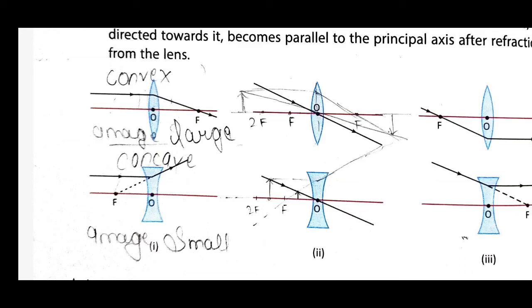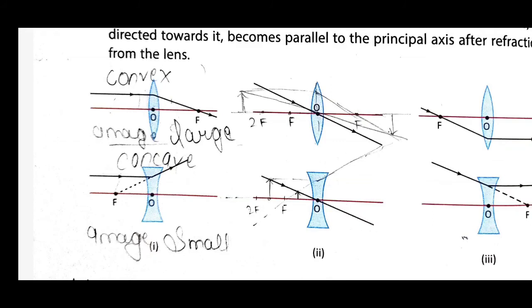So, dear student, if you have to draw images with the help of a concave or convex lens, then at first you draw a ray coming from the object which is incident parallel to the principal axis, and after refraction through the lens it passes through the focus in the case of a convex lens, and it diverges in such a way that it appears to come from the focus in the concave lens. So this is the first rule.